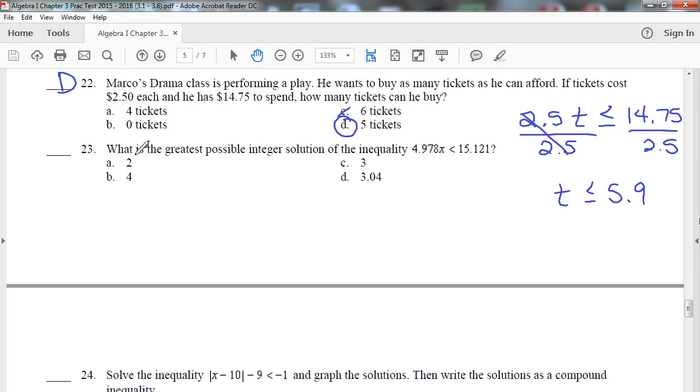Number 23 is kind of similar to that one in the way that you handle your answer. What is the greatest possible integer solution of the inequality 4.978x is less than 15.121? And we can see that to solve this, we need to divide both sides by 4.978.